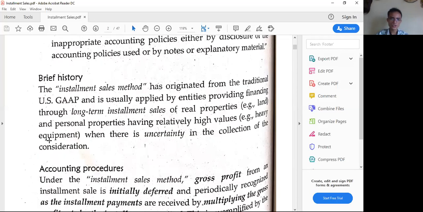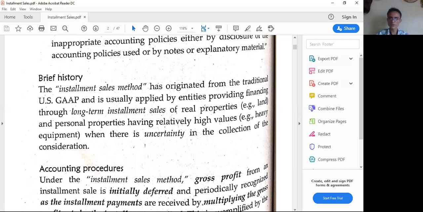Okay, so brief history. This is coming actually from US GAAP, the set of accounting standards used in the United States of America applicable to long-term installment sales. So normally installment sales are those in which the payments are done in series. We have real properties, which is really true.